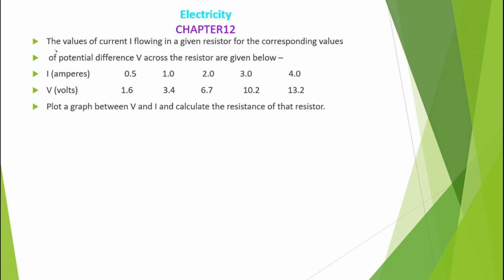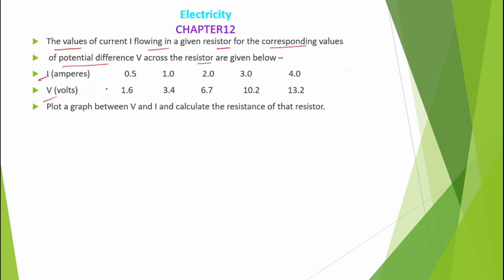See here, the values of current I flowing in a given resistor for corresponding values of potential difference V across the resistor are given below. Current and potential difference is given. Plot a graph between voltage and I and calculate the resistance of that resistor, he is asking.